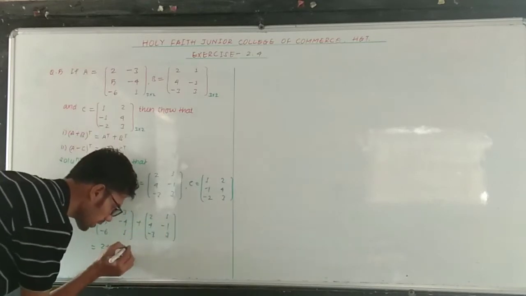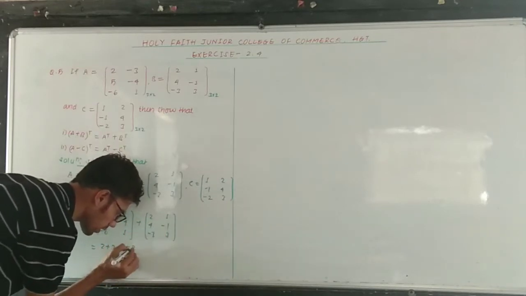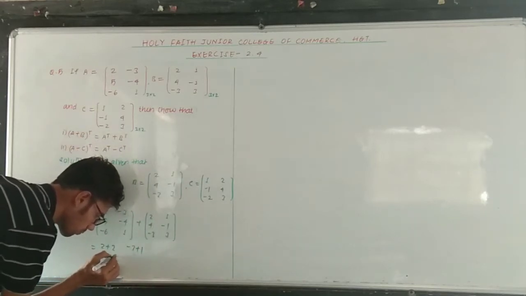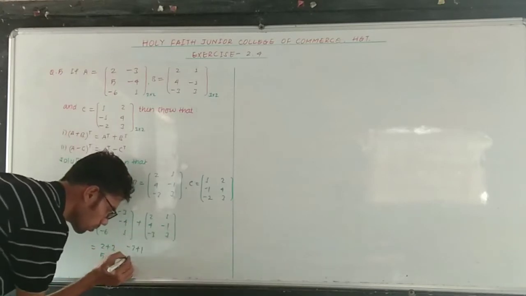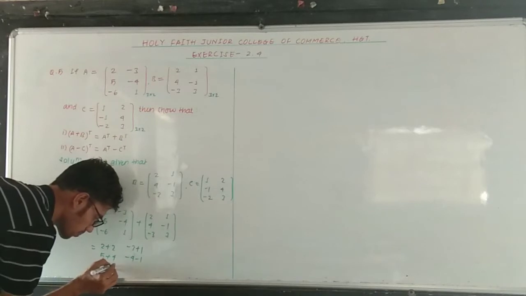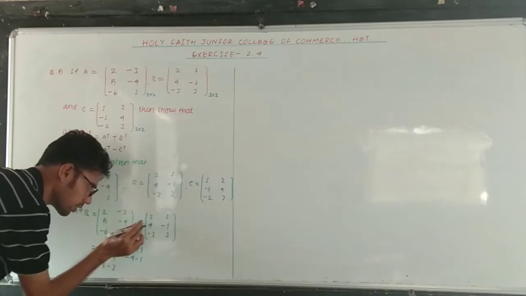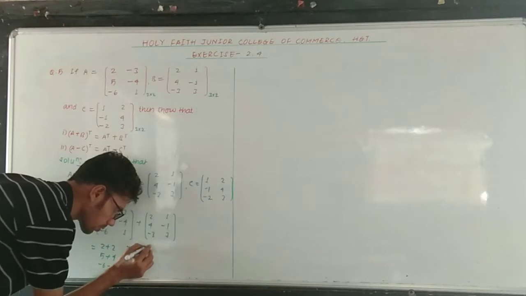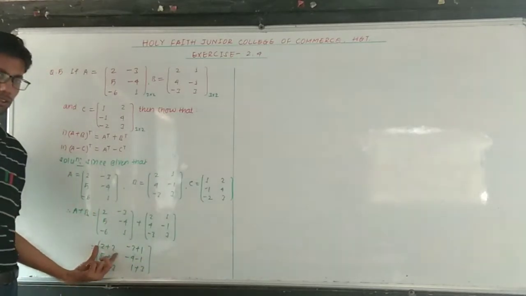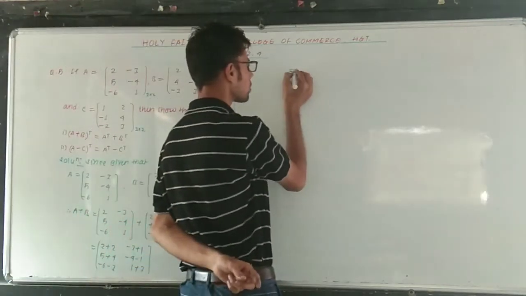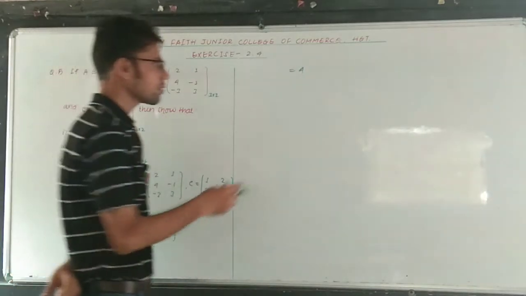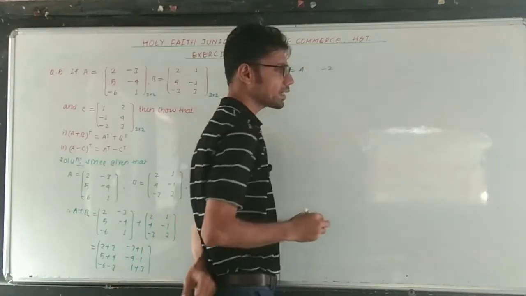minus 3 plus 1, after that 5 plus 4, minus 4 minus 1, minus 6 plus 3... which is equal to 2 plus 2 is 4, minus 3 plus 1 is minus 2.